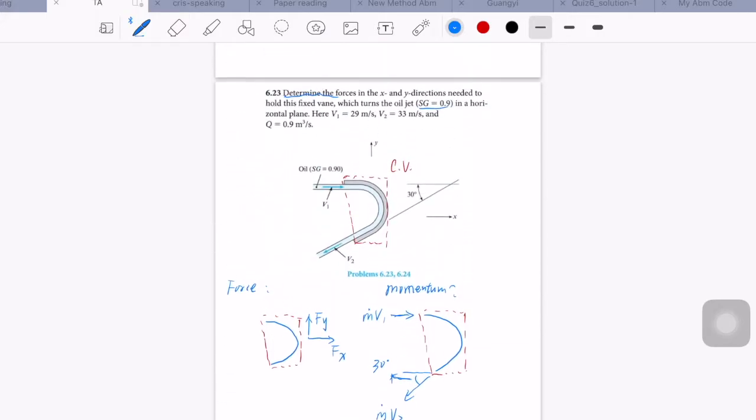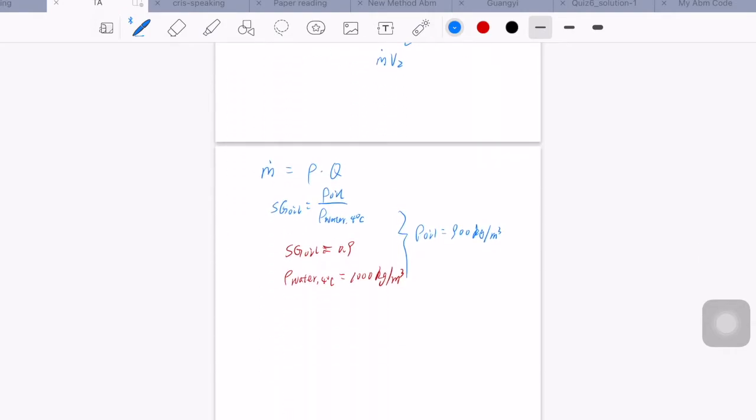And from the problem, we also know Q equals 0.9 cubic meters per second. So we can determine that the mass flow rate m dot equals 810 kilograms per second.